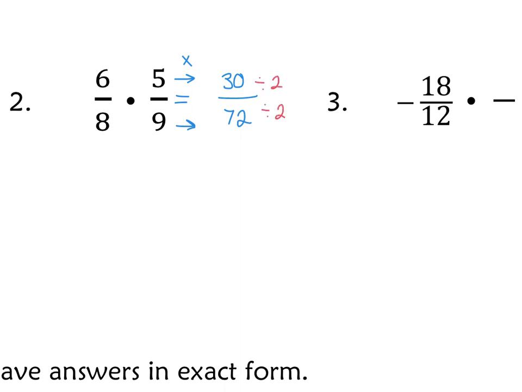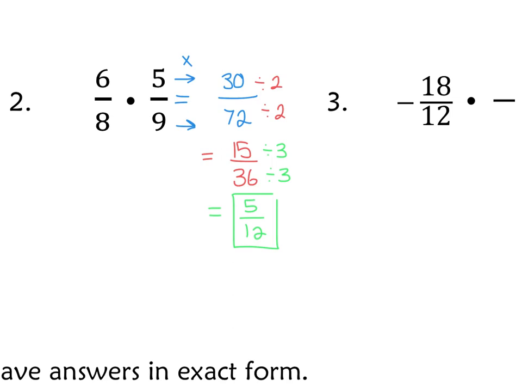We're going to get 15 over 36. Now, 15 and 36 are both multiples of 3, so I could divide both by 3, giving me 5 over 12.